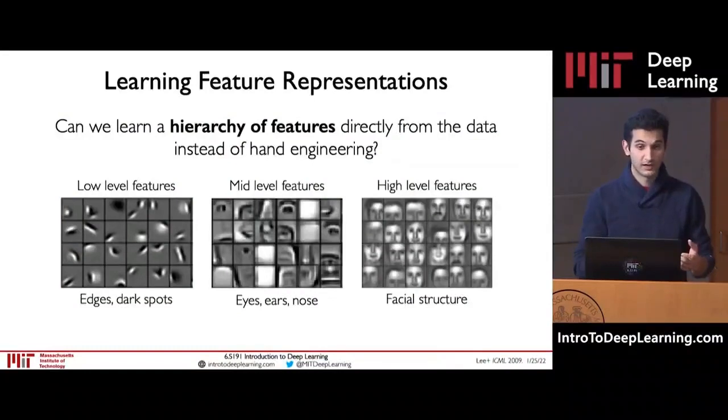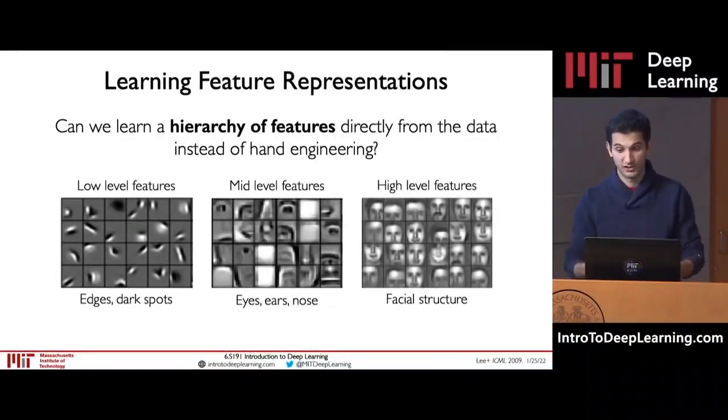To do that, we can use a neural network like we saw in yesterday's class. So a neural network-based approach here is going to be used to learn and extract meaningful features from a bunch of data of human faces in this example, and then learn a hierarchy of features that can be used to detect the presence of a face in a new image that it may see.